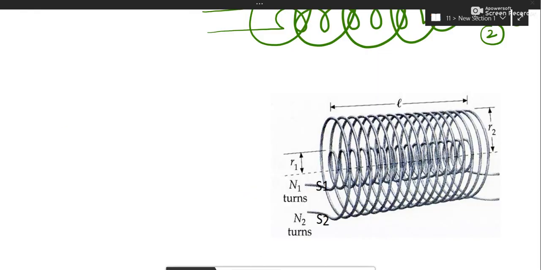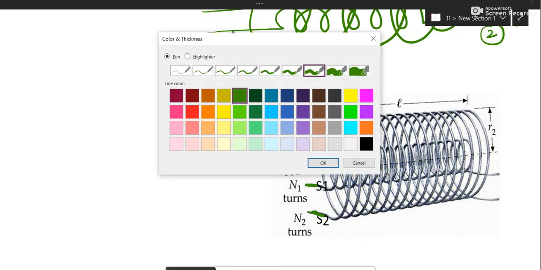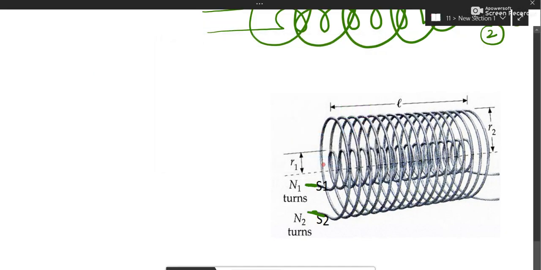So let us label all the quantities. Here you can see there are two solenoids. This is solenoid 1 and this is solenoid 2. One is small, one is big. First of all, let us be clear that the smaller one is solenoid 1, and the bigger one is solenoid 2.